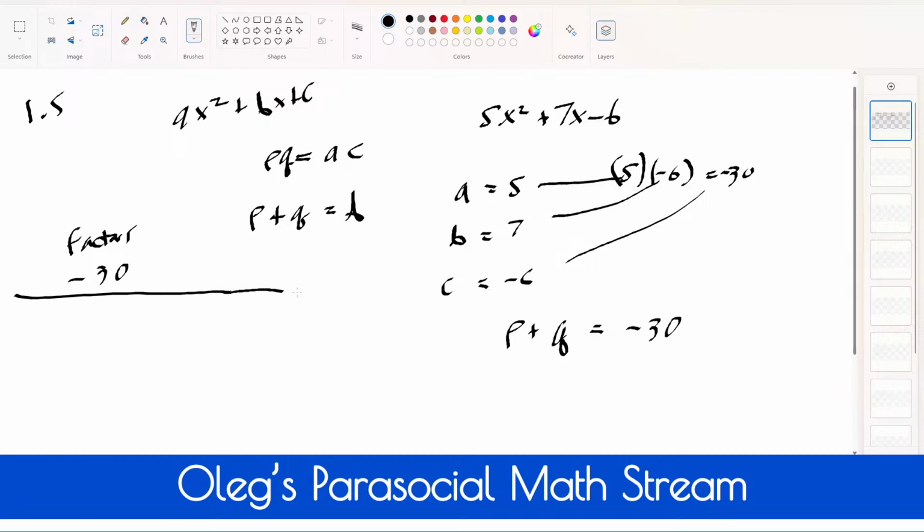So 1, negative 30, and then negative 1, 30. We're going to say 5, negative 6, and negative 6. By the way, if we get to the number we want, we can stop earlier on, so that's fine.